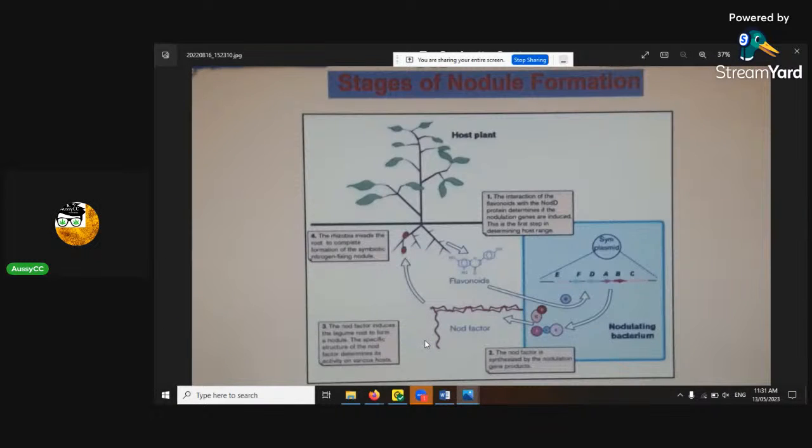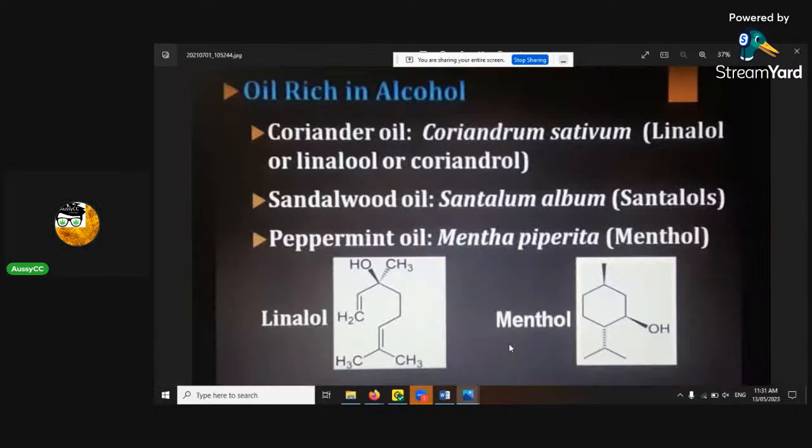No, we'll finish that one. This one. Okay. Linalool, I was speaking about before. That's its little chemical composition. Yes, so we've got sandalwood, which as you know is very dominant, and peppermint. All these different types of terpenes are in medical cannabis.